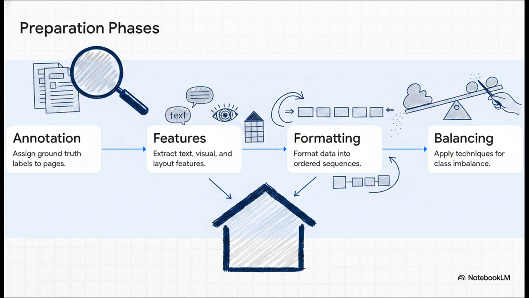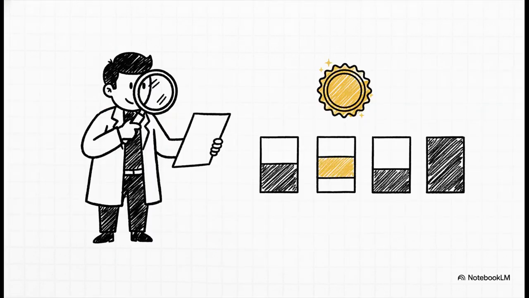Okay, let's dive into this. Building this machine learning house happens in 4 specific phases: ground truth annotation, multimodal feature extraction, sequence formatting, and finally, handling class imbalance. Let's walk through how we build this curriculum step by step. It all kicks off with phase 1, which is ground truth annotation. Because you can't just throw raw, messy data at a machine.